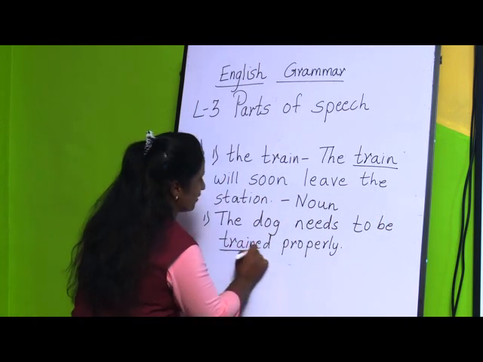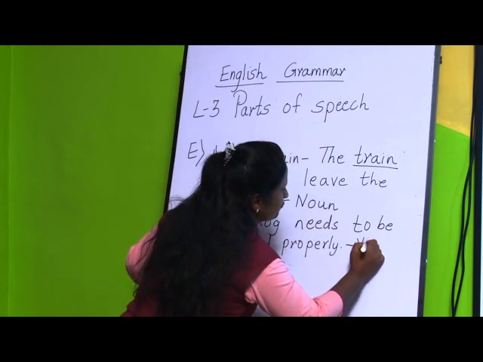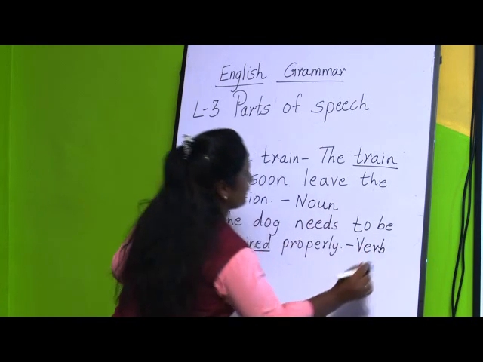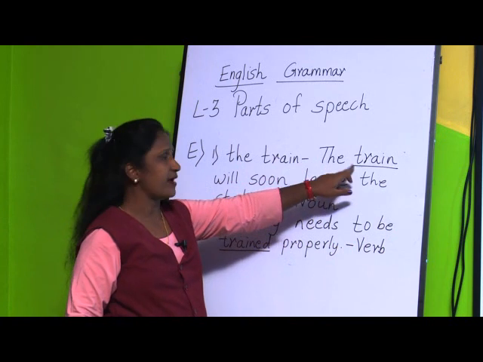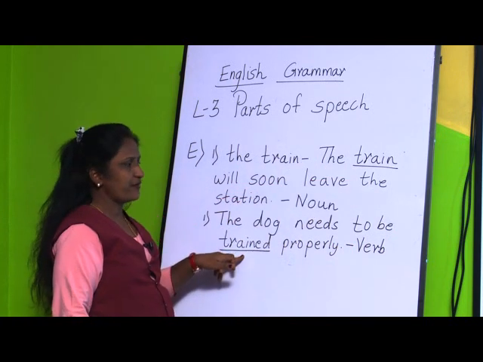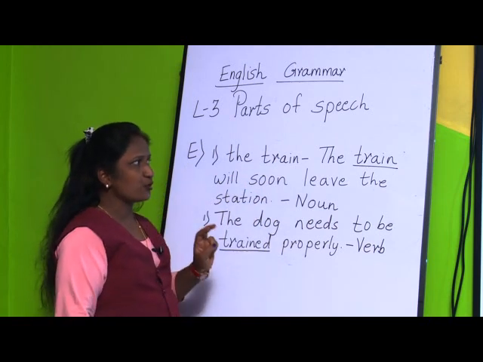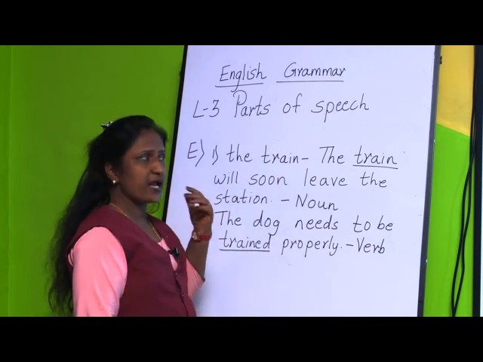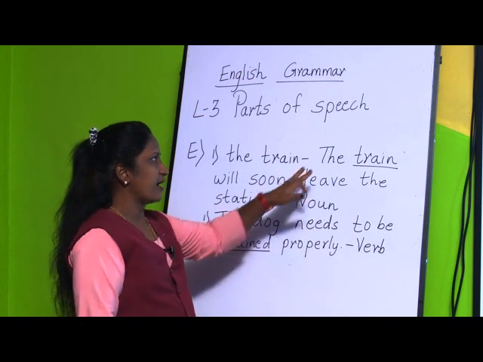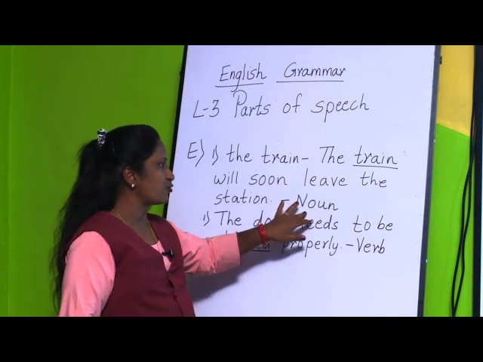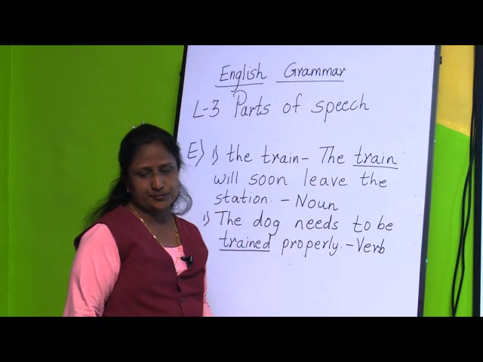So this is one word, and this word I have used as a verb over here. Here I have used the word train as a noun, and this word I have used as a verb. I hope children you have understood how you are going to use the words, which have different meanings, as a noun also and as a verb also.